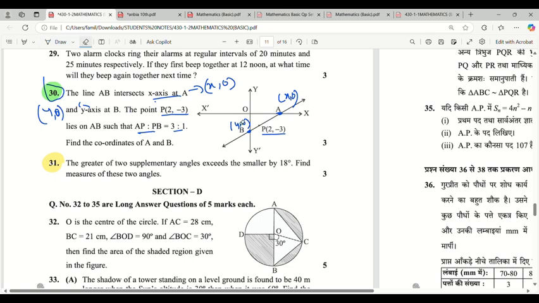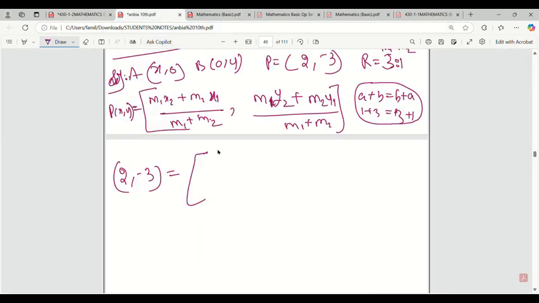I told you, right? x will be 0. So 0 comma y. The order will always be the same: you should write x first, then y second. 0 comma y.